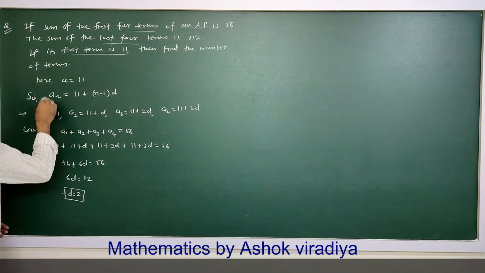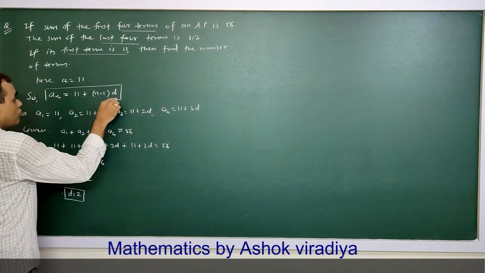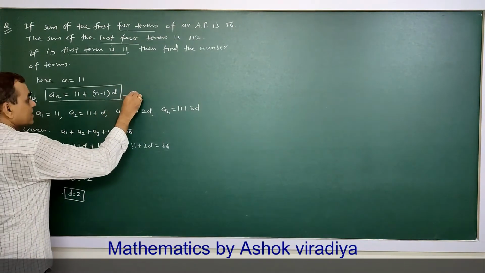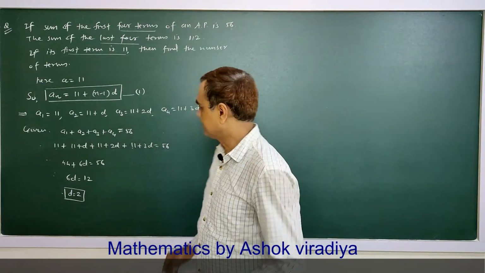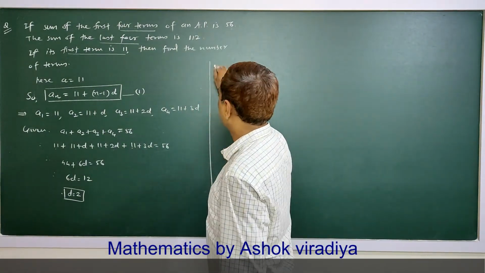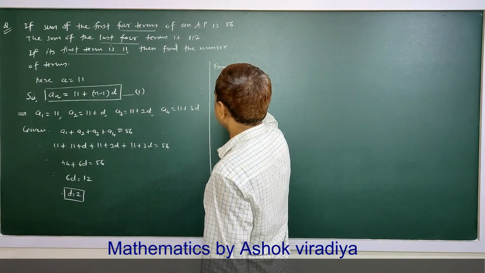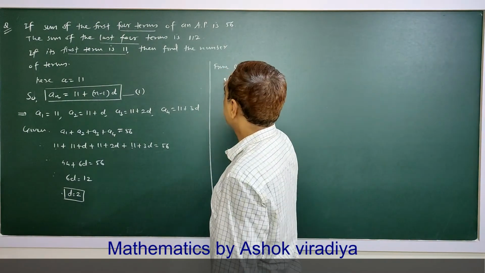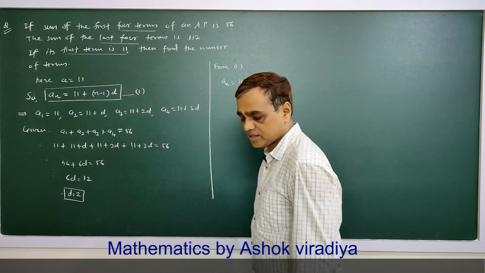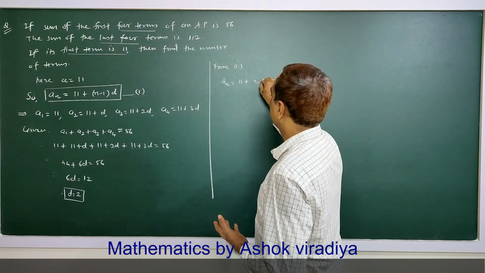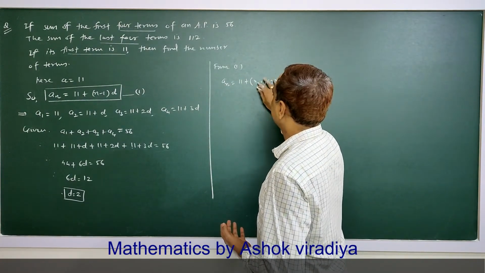Therefore we can put the value of d in this an. From equation 1, an is equal to 11 plus (n minus 1) into d, where d is 2.